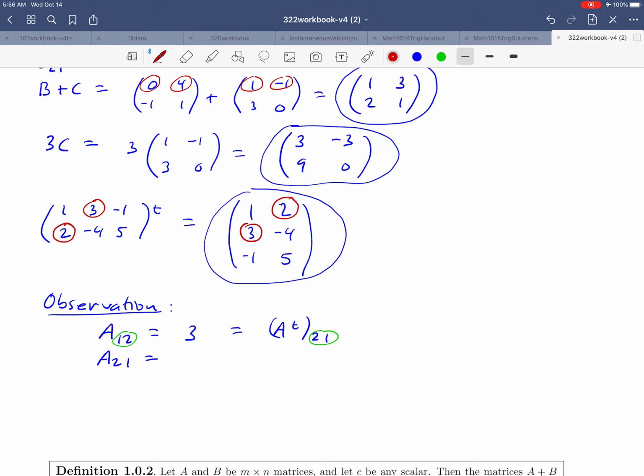That's in the first row and the second column of the transpose matrix. So in general, what we could say is that Aij equals A transpose ji. That's really just another way of saying that in the transpose matrix, the rows of our first matrix become the columns.